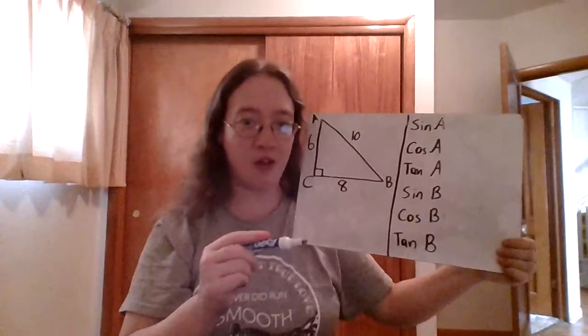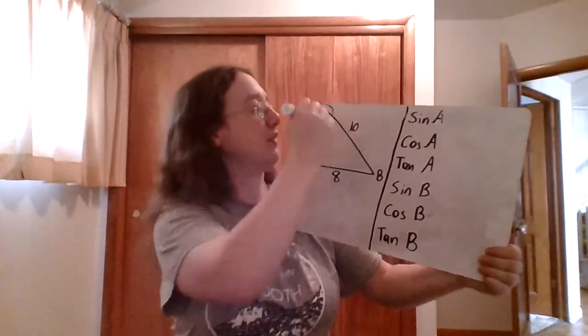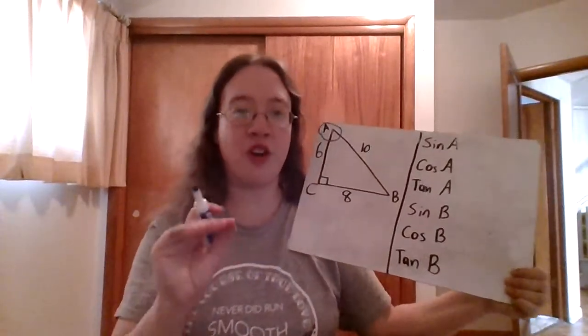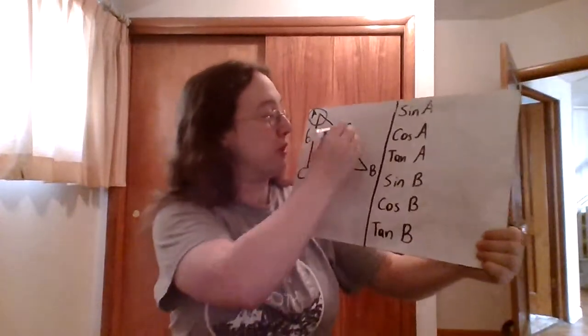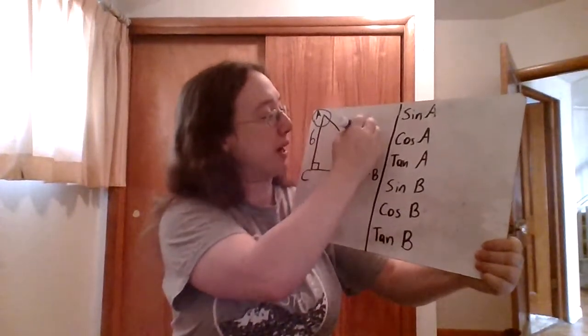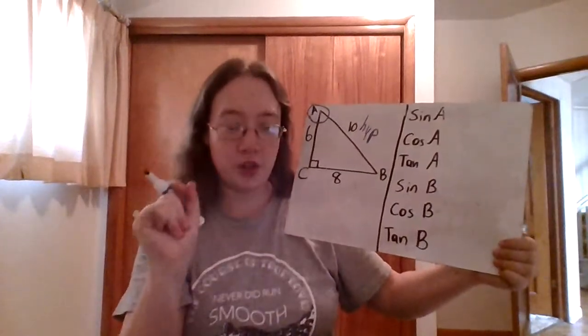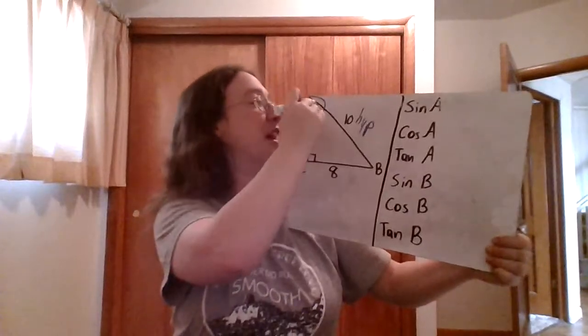So we're going to look at angle A first. So if this is the angle I'm looking at, your hypotenuse is always your longest side, which is always going to be the side that's across from your right angle. So this is my hypotenuse. Your opposite side is the one that's not touching the angle that you're talking about.